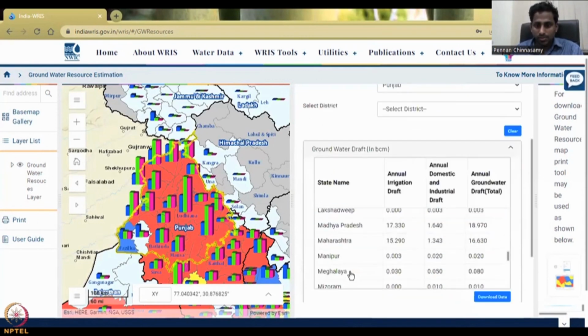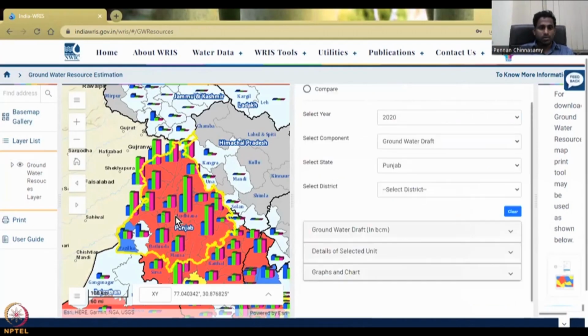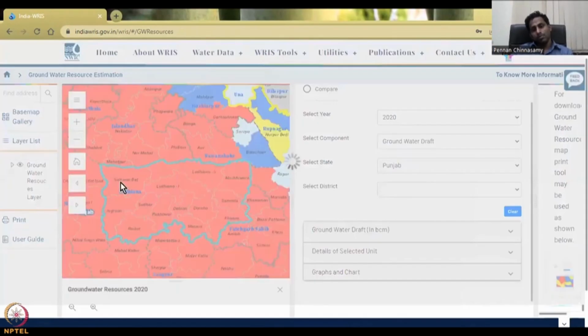Let's do Punjab. Okay, I'm selecting Punjab. And then your districts will populate. Okay, in Punjab, I selected Ludhiana. So this district would have come here already.